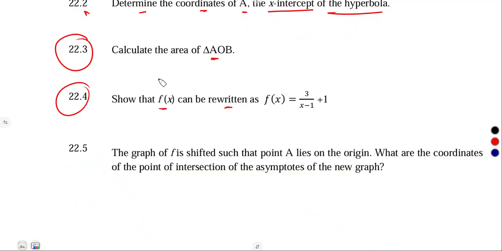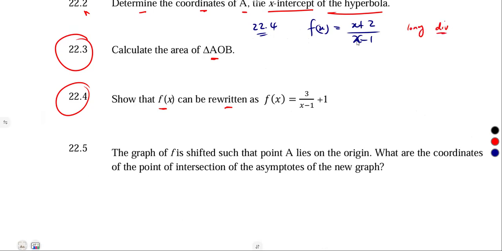Can we rewrite it in this format? Let us try both methods just for the sake of revision. Remember, originally our f of x was given as x plus 2 over x minus 1, and I told you we can use the long division concept or inspection.